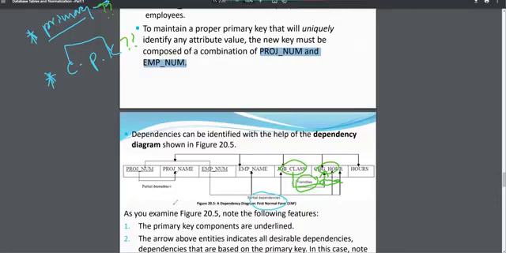Study these things and understand these very important sections, and how they are shown in these kinds of tables, figures, or fields. This was the primary composite key.